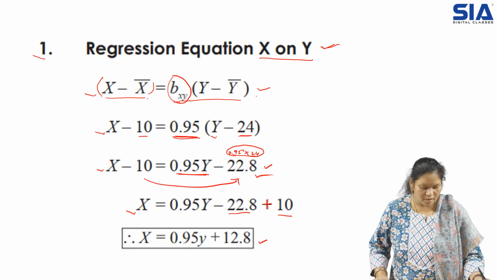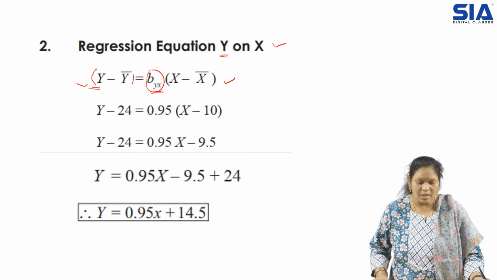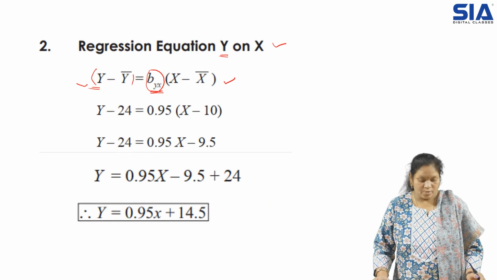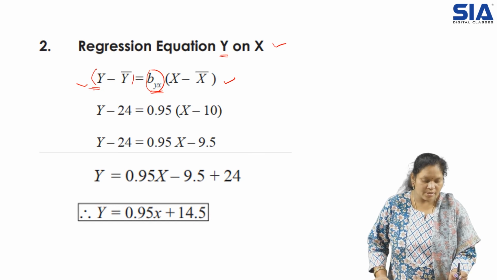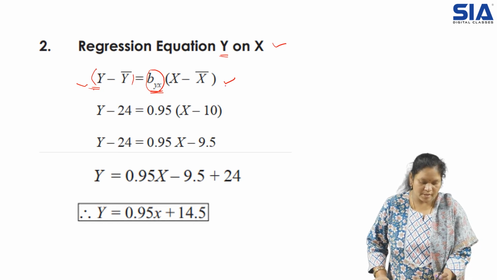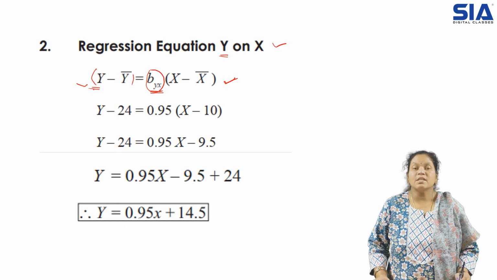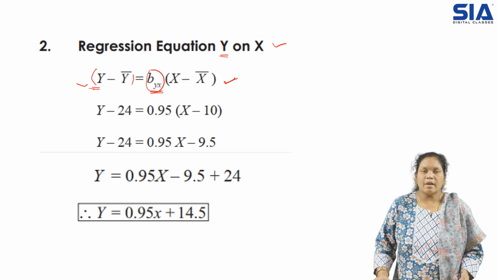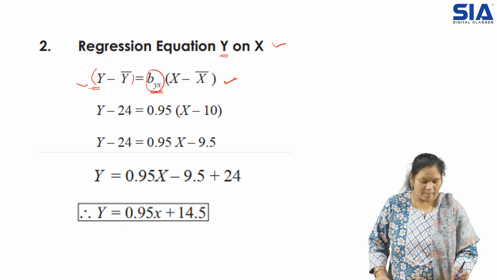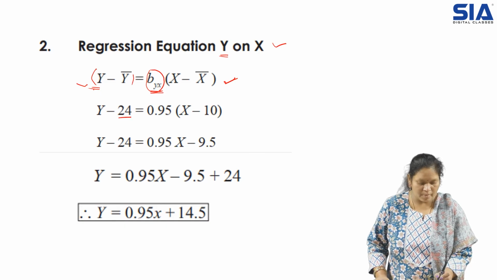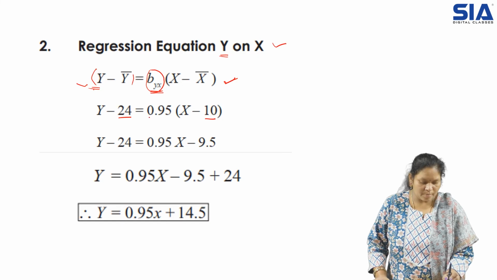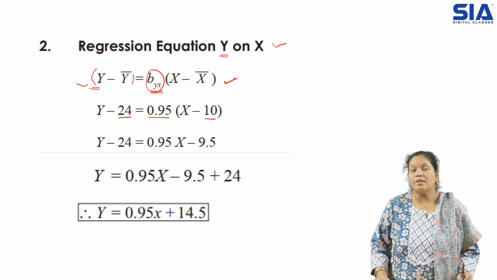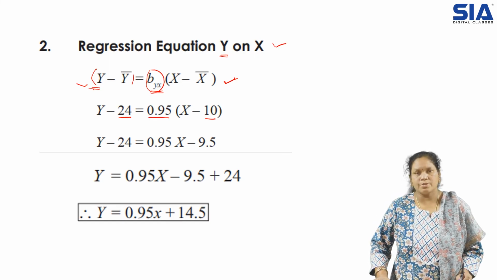Now let us go for obtaining the regression equation y on x. So for the regression equation y on x, let us consider the equation again, that is y minus y bar is equal to byx into x minus x bar. Let us substitute the values: y bar is 24, x bar is 10, and byx I have obtained as 0.95, that also I have substituted.